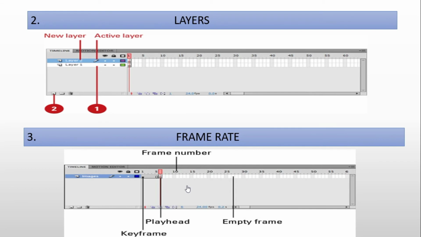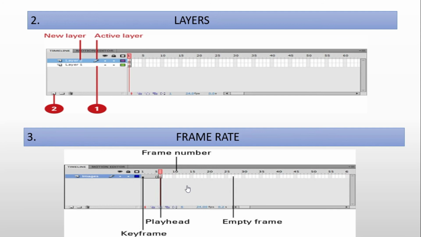Now the next component is frame rate. Frame rate is defined as the rate at which the frames containing still images are flipped or displayed per second to give the illusion of a moving image.